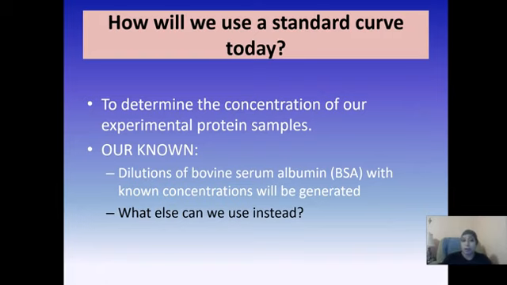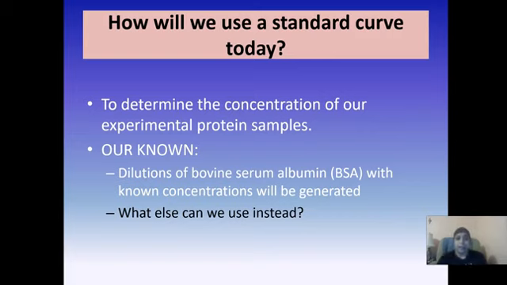So if we don't have purified bovine serum albumin, which is a purified protein essentially, we can use some other protein, right? As long as it's a pure protein sample of some sort. It could be caspase, it could be albumin, it could be actin, it could be IgG. It does not matter what it is, as long as it's a pure protein sample and we know the starting concentration of that protein, so that we can generate a set of dilutions from it with known amounts of protein in each one of them.